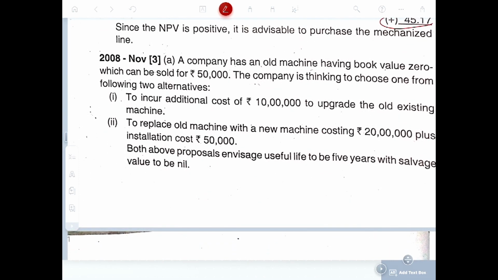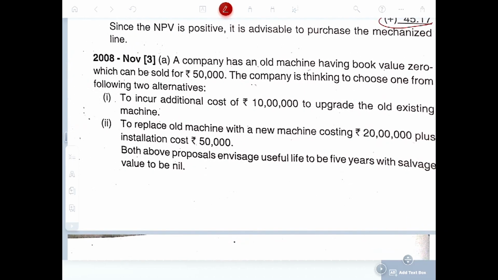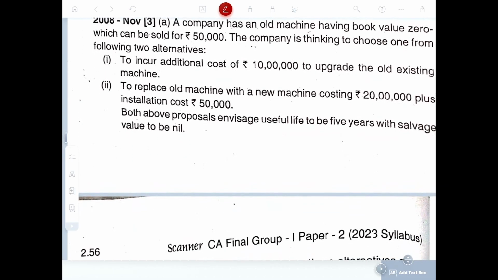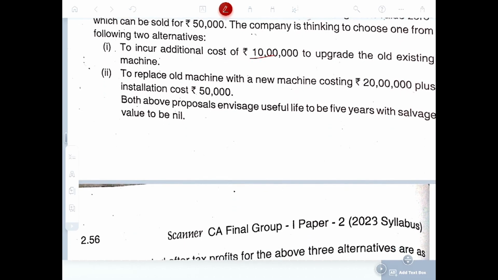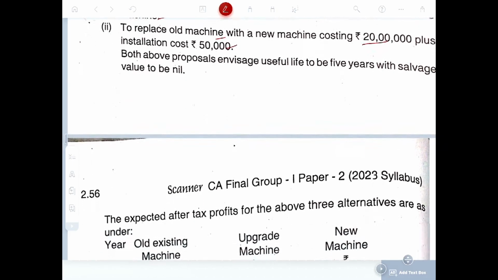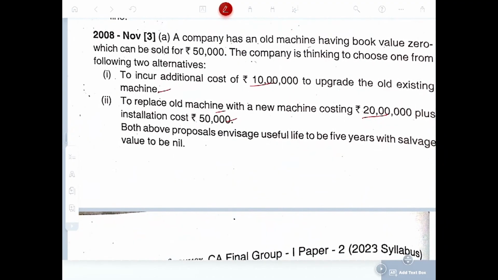The company has an old machine having a book value zero, which is sold for 50,000. Company thinks to choose one of the following: incur additional cost of 10 lakhs to upgrade the old existing machine, or replace the old machine with a new machine of 20 lakhs plus 20,000. In both proposals the efficiency is going to be the same.